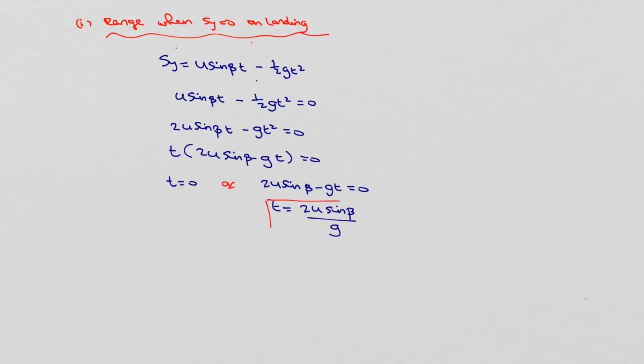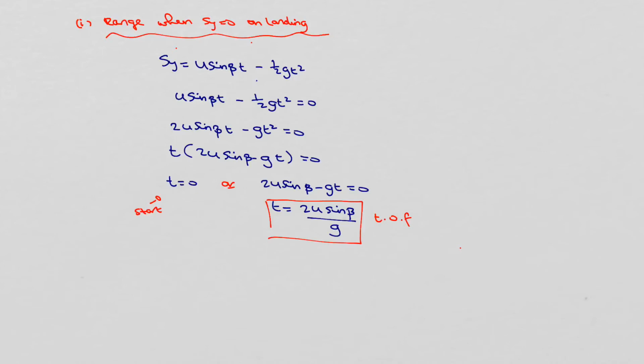So obviously t is equal to 0 at the start, and therefore t equals 2u sine beta over g is our time of flight. So the time that it takes to get from the start point to the end point.